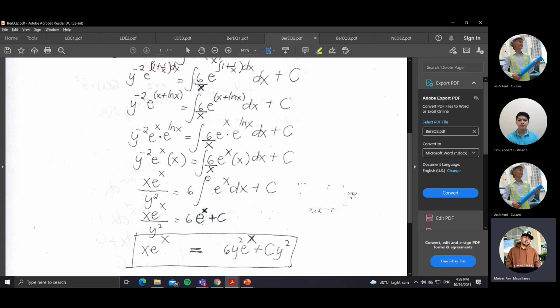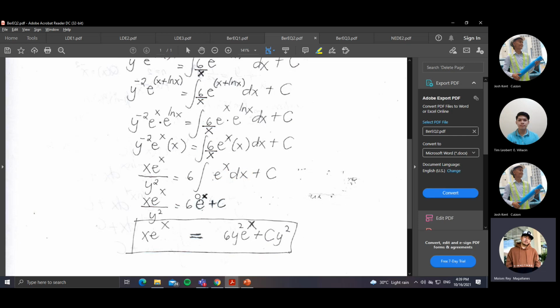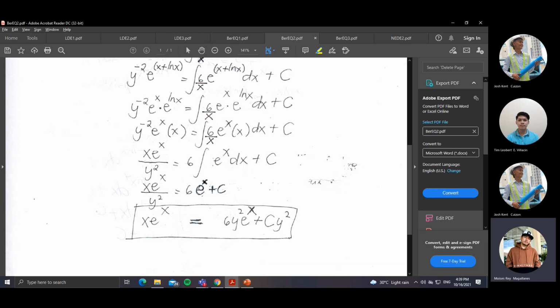So we integrate just e raised to the power of x dx, and the integral of that is just e to the x. So our answer for now is, we moved the y squared since our power here is negative 2. To make it positive, we move it to the bottom.